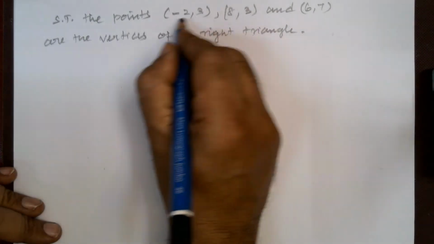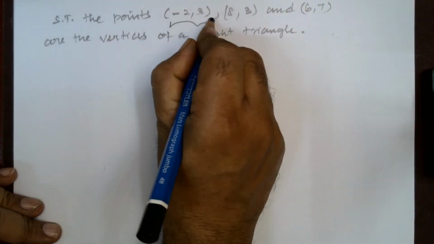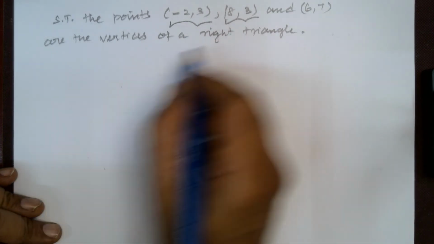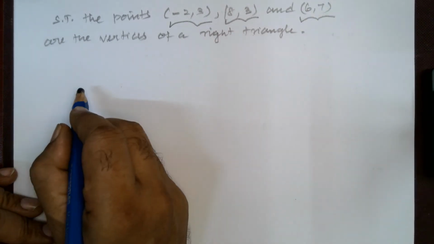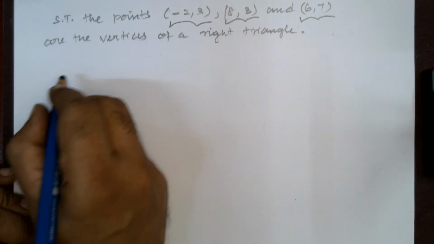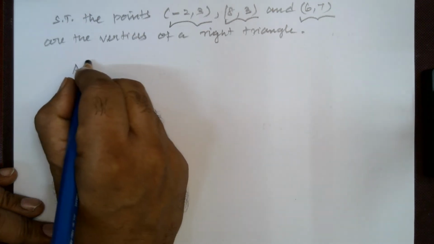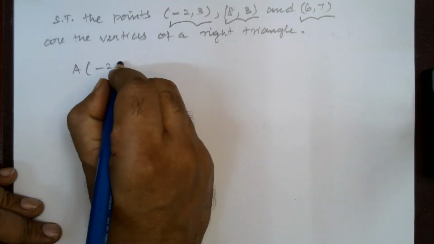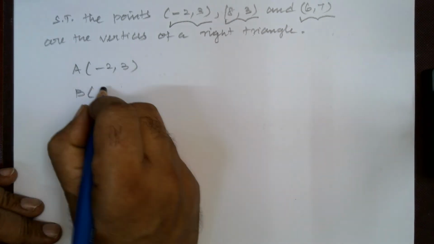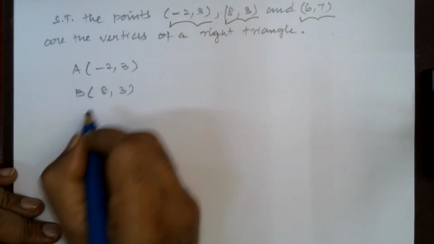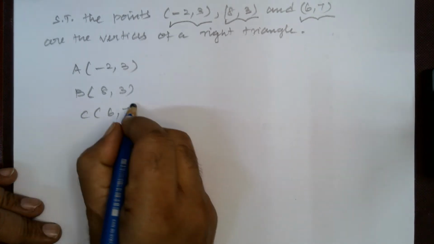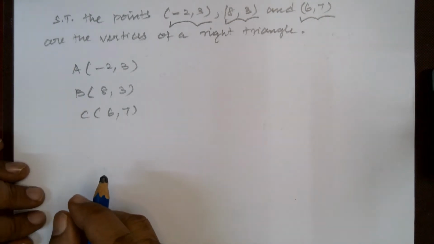Let me consider these 2 points A and B, and this is C. A can be represented by minus 2, 3. B by 8, 3. C by 6, 7. So these are the set of points.